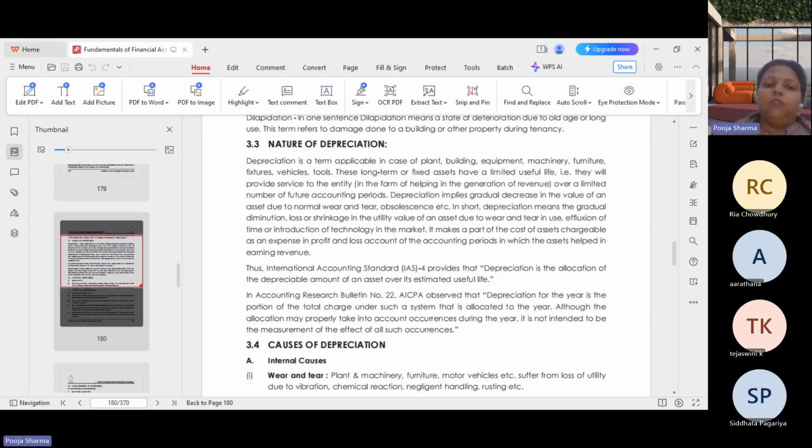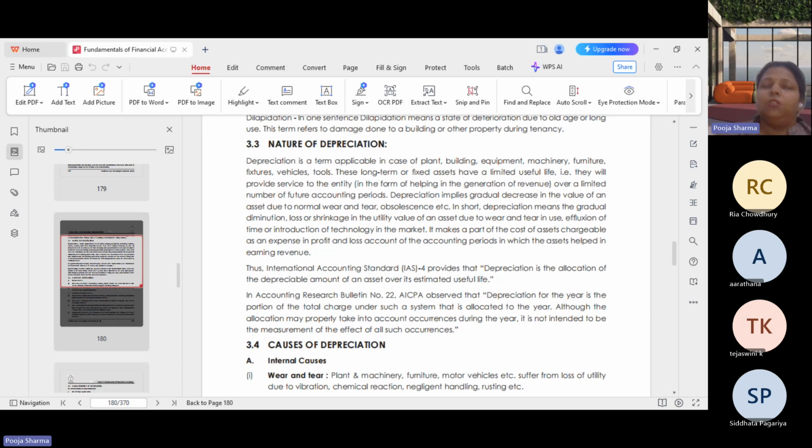So this is the nature of depreciation, which is based on two concepts: first is IS 16 and second is AICPA. Both I have explained. So let's take a look at what we have done till now: depreciation, its key terms and nature. Depreciation is just the allocation of the cost of assets over a period of time.